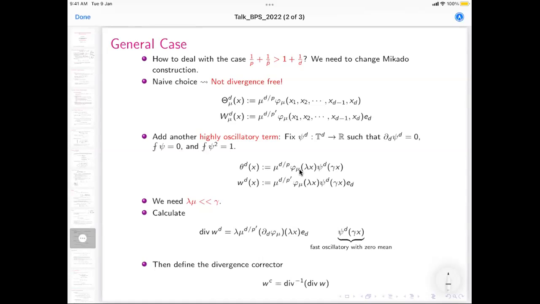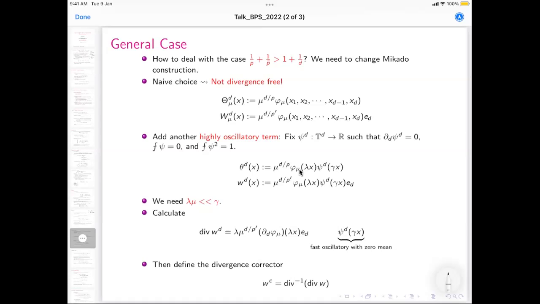Now although these guys are oscillating fast, in comparison to this they're oscillating much slower. So if I take this anti-divergence trick, which gives me 1 over gamma, that will take care of all these bad terms which are present in lambda. So gamma in particular, I need it to be much, much bigger than lambda.